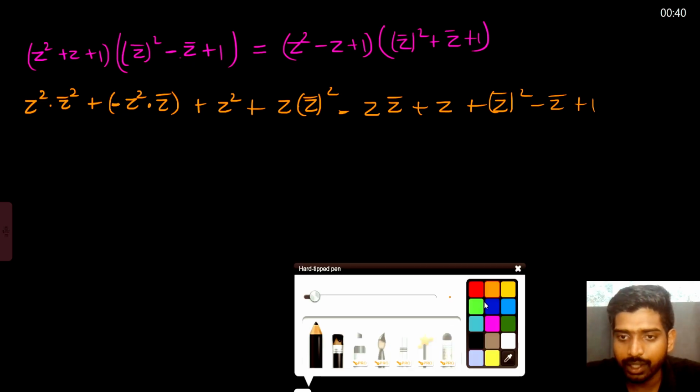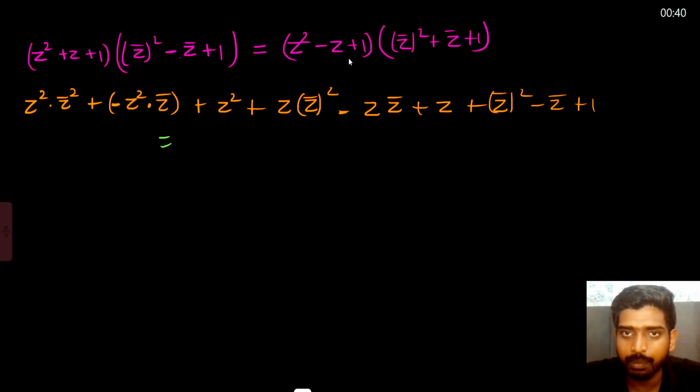Got it? And next, on the right hand side, we'll open the bracket. We'll get z square multiplied by z conjugate square, plus z square multiplied by z conjugate, plus z square.